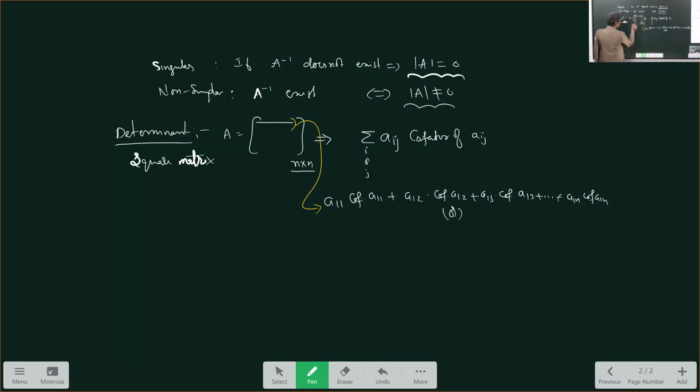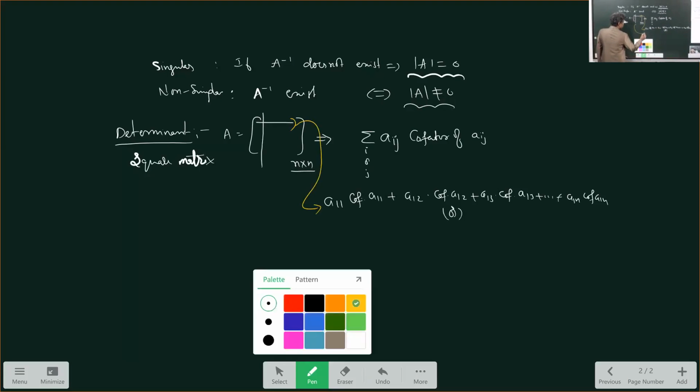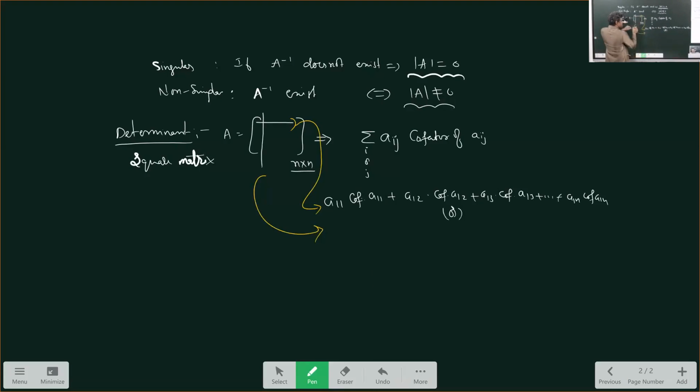If the expansion is with the first column, then it would be of this structure. So I am expanding by the first column: A11 into the cofactor of A11 plus A21 into the cofactor of A21 plus A31. What is 31? This is called the 1-1 position, then 2-1, 3-1, 4-1. This is how their positions are taken.